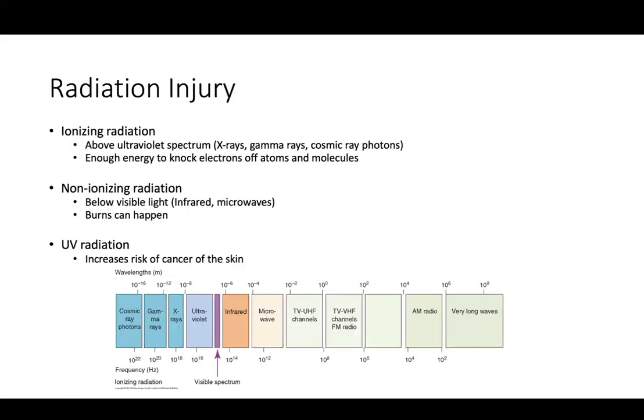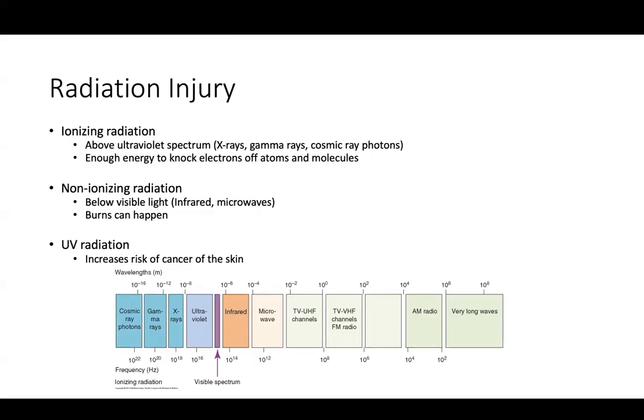Radiation injury is based on the electromagnetic spectrum. And so the electromagnetic waves, they go from really long waves to extremely short waves. Really long waves are radio waves. The longer the wave, the less the energy that it has.